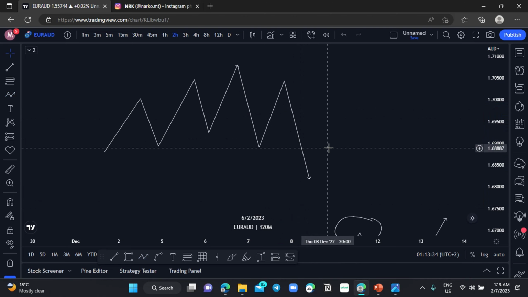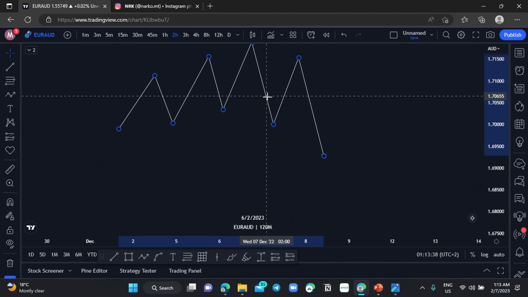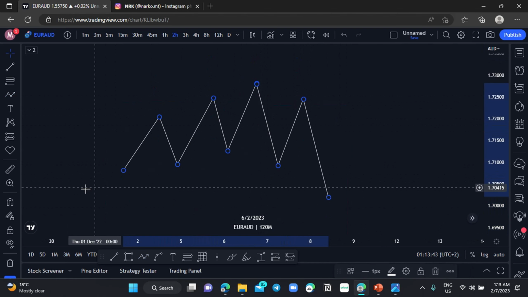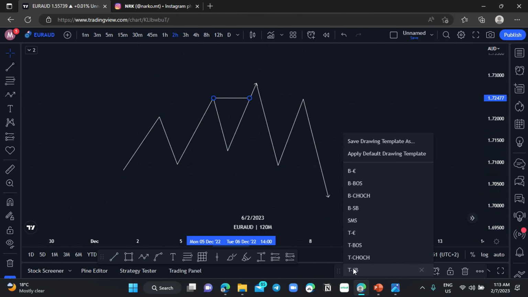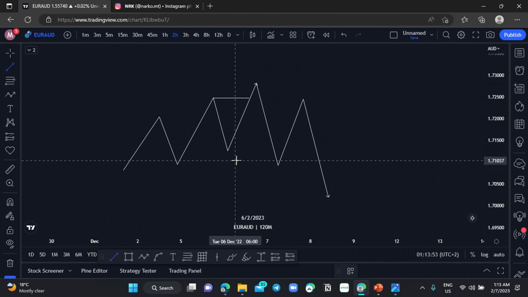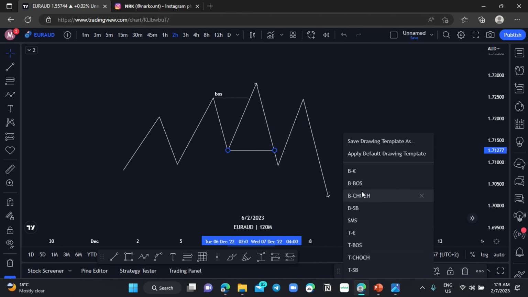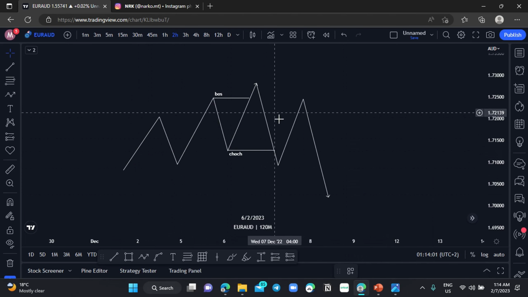So for us to move from this bullish trend to a bearish trend, we need this break of structure here, and we need a change of character here to show that now we're moving from a bullish trend to a bearish trend.